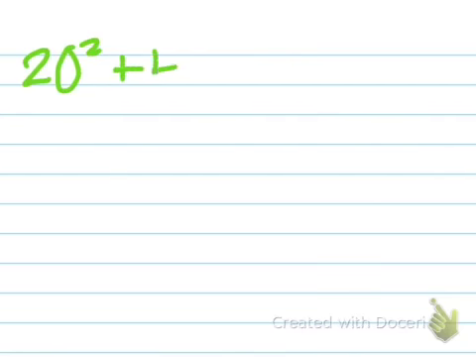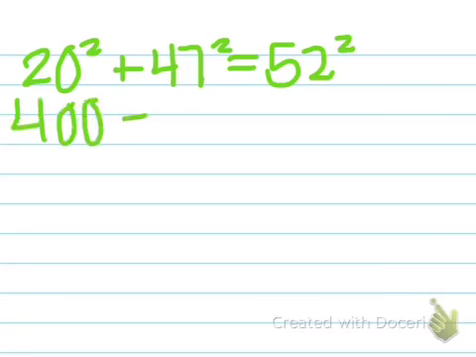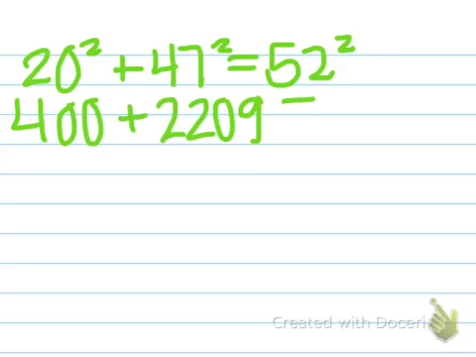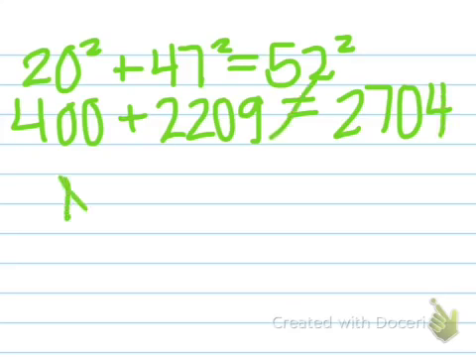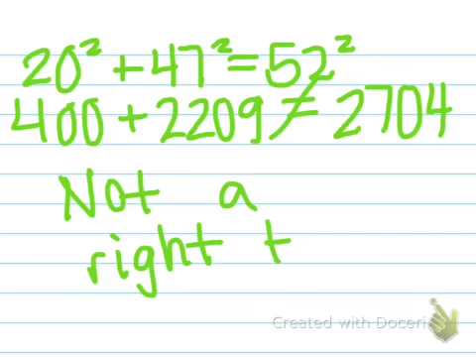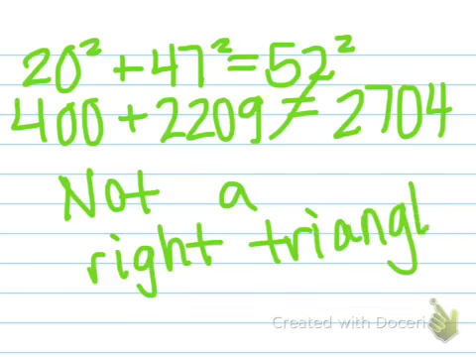So we'll get 20 squared plus 47 squared equals 52 squared. So 400 plus 2,209, is that equal to 2,704? No, it's not equal. So that means that these dimensions are not the dimensions of a right triangle.